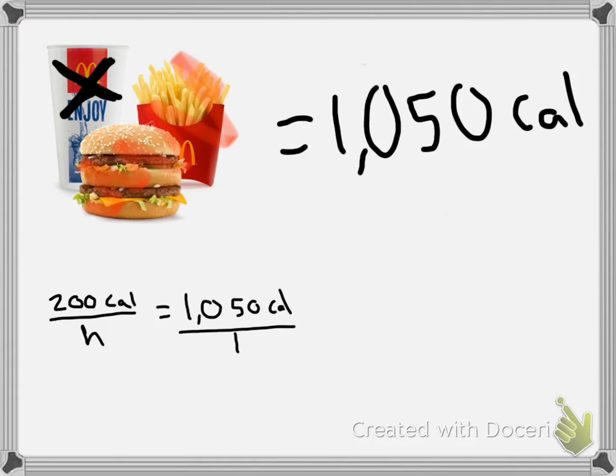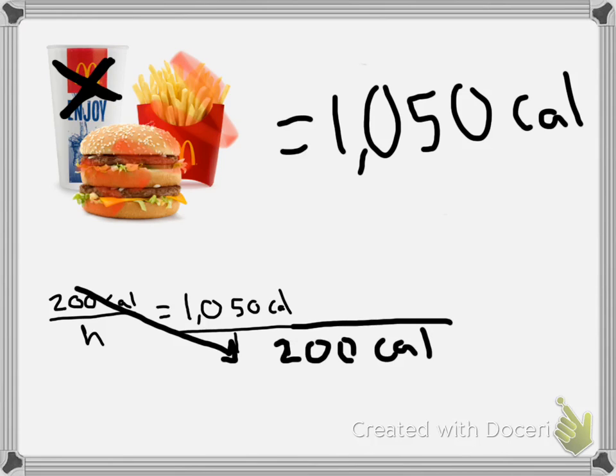So real quick, let me make some room. Alright, that's a little bit better. Now you guys can see. So in order to cross multiply, you're just going to take what's on top on the left side and you're going to just multiply it across like that. So 200 calories times 1 is just going to give us 200 calories down here.